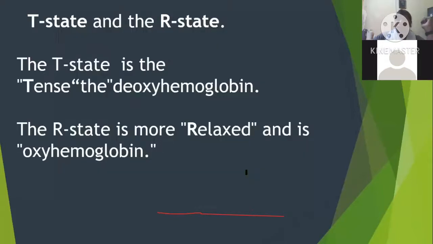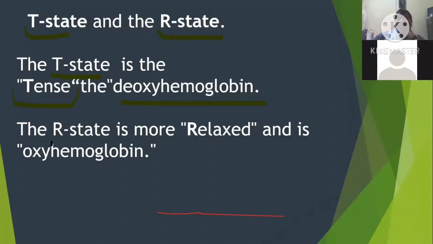Okay, O2. Now coming to the different states in which the hemoglobin exists. One is called the T state and the other one is the R state. And what is this T state? T state is actually the deoxyhemoglobin state. When the hemoglobin is not bound to the oxygen, we call it deoxyhemoglobin, and this is a tense state for the hemoglobin.